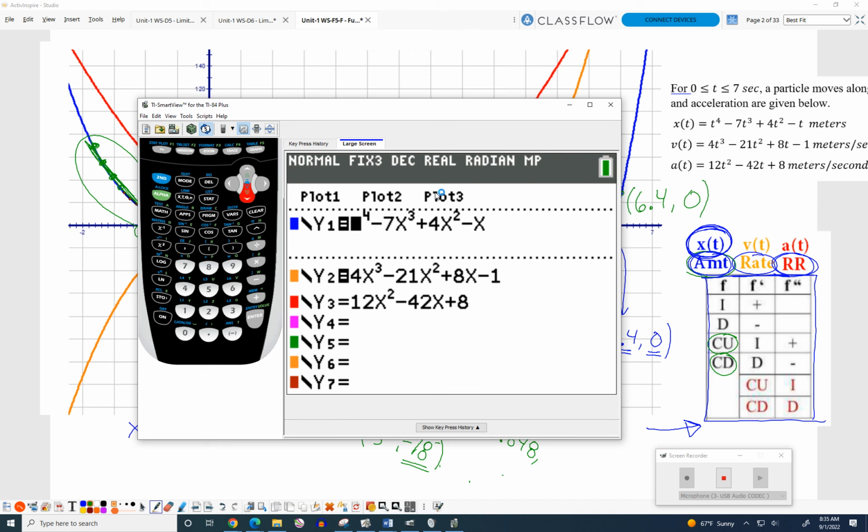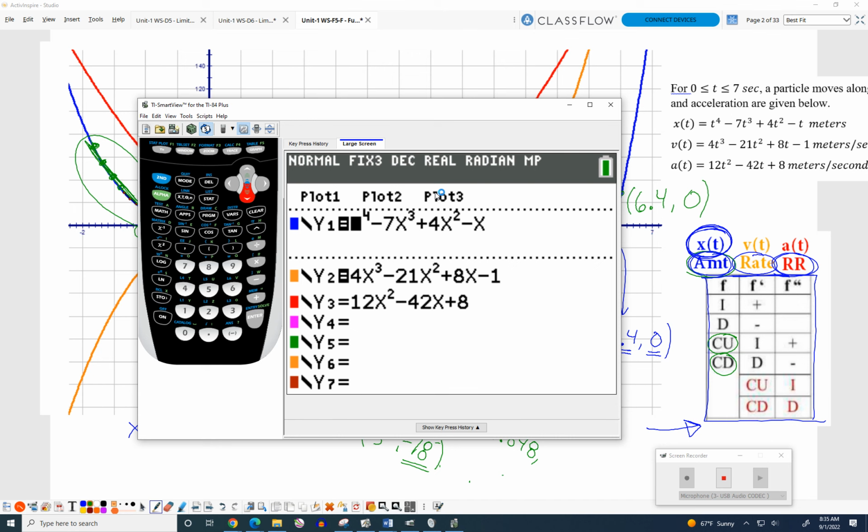If you notice, for this entire time window, the position graph is decreasing. It's going down, therefore the particle is moving left.